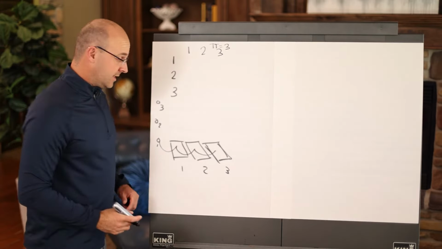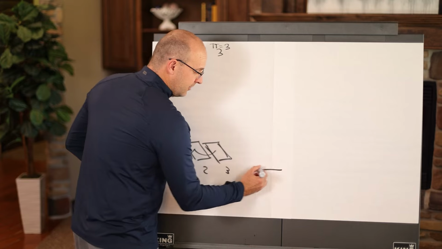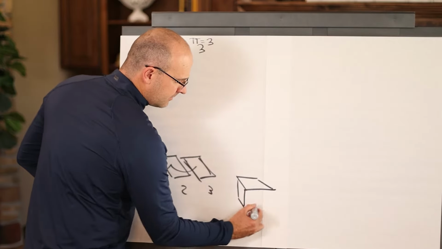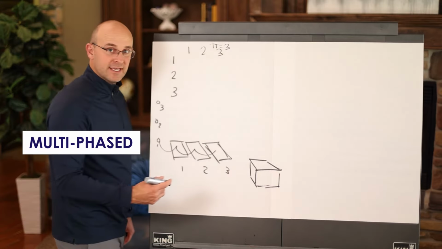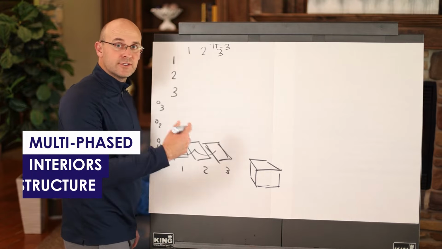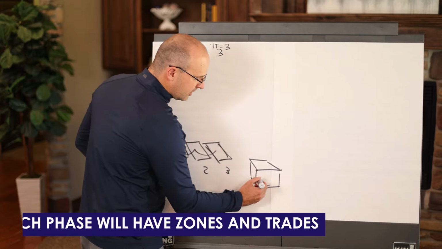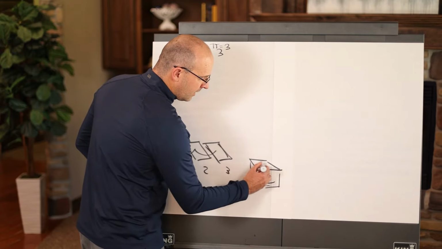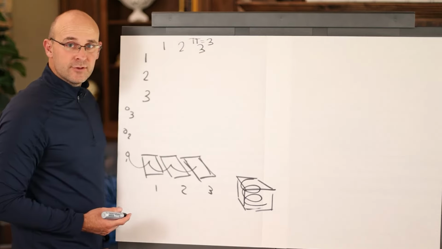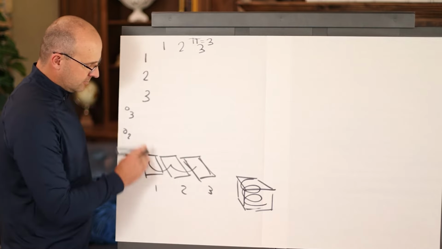But before we go into that, I want to say that if you have a building and that building is multi-phased, meaning it has an interior, a structure, an exterior, and site work, each phase will have zones and trades. Your structure may wind up through the building with zones and trades.